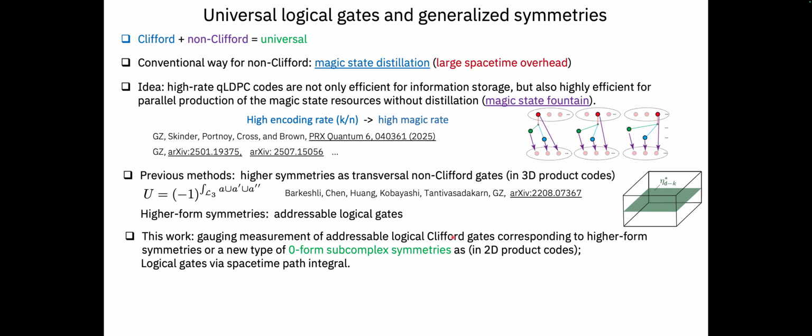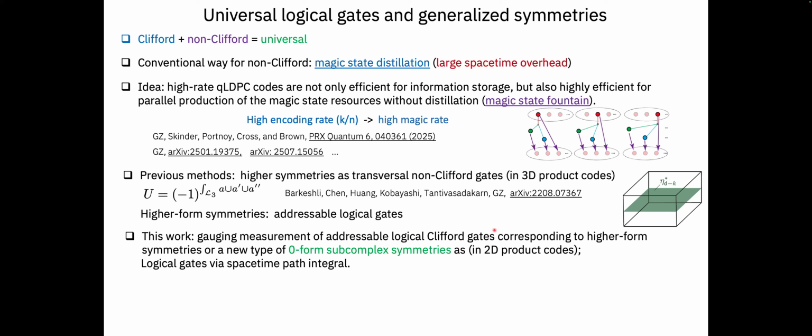So this is along the same framework. In this work we will do something different. We use the idea of gauging to measure this type of addressable logical gates, which correspond to higher form symmetries, or even a new type of, at least we think it might be new, zero form subcomplex symmetries.